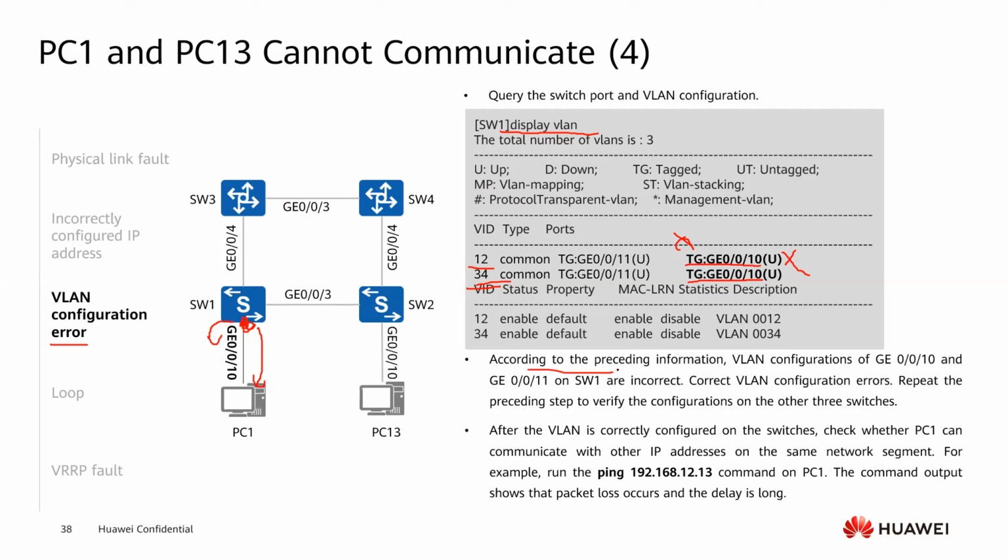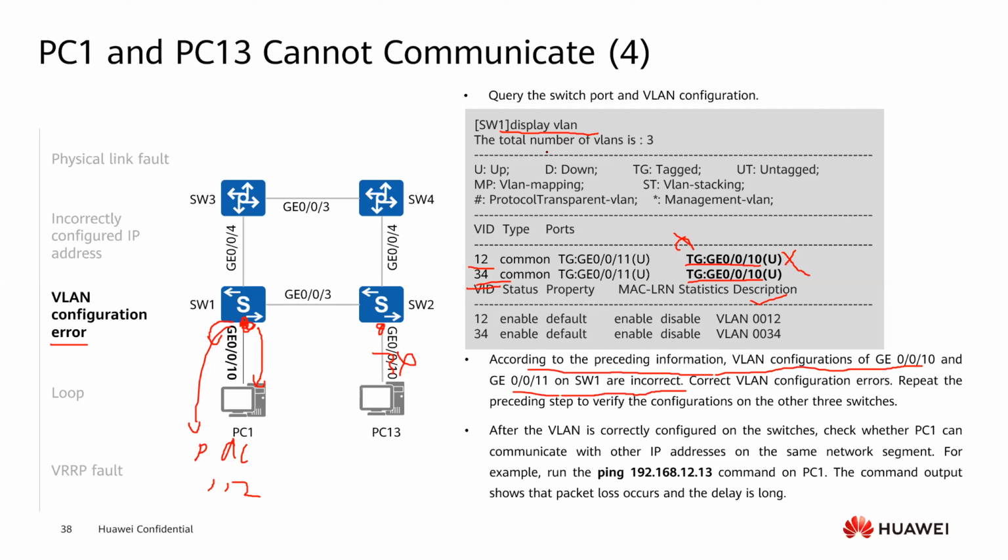So according to the preceding information, the VLAN configuration of G0010 and G0011 on SW1 is incorrect. So we must change the configuration: this interface to port link-type access and port default vlan 12, and this interface to access and port default vlan 34.